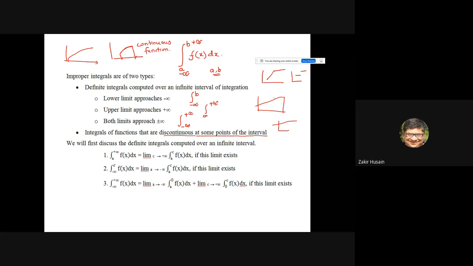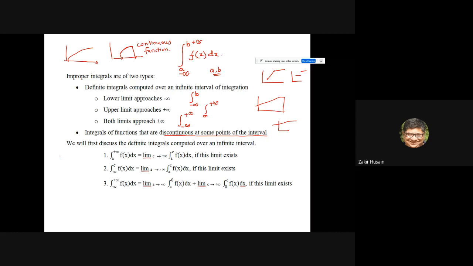Okay. Now let us first discuss the case when you have an infinite interval of integration. You have a lower limit, but there's no upper limit.